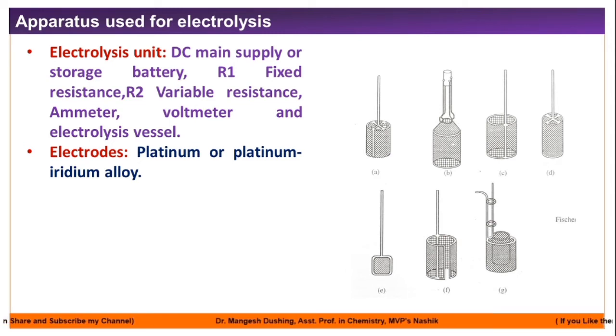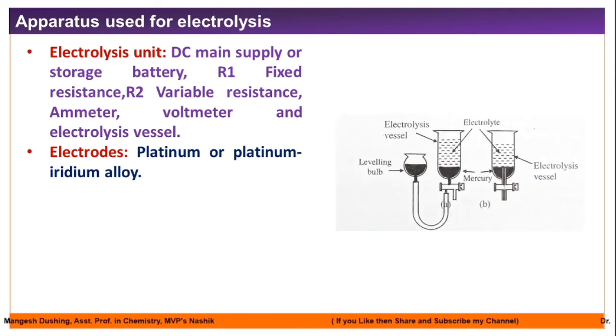The electrodes are widely used independent of the stirrers. So this is known as the Fisher type of electrode. These are the mercury cathodes, which find widespread application for the separation in constant current electrolysis.